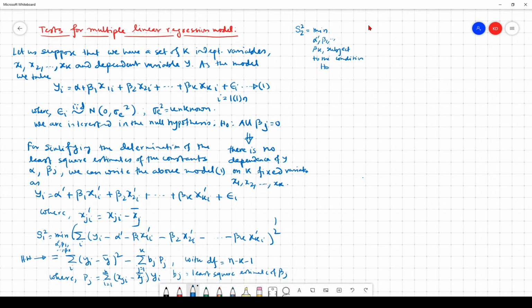Okay, so now this is sum over i of yi minus alpha dash minus beta 1 x1i dash minus beta k xki dash, whole square. And under this condition, this should be sum of yi minus y bar whole square. So this is your another homework. Okay.